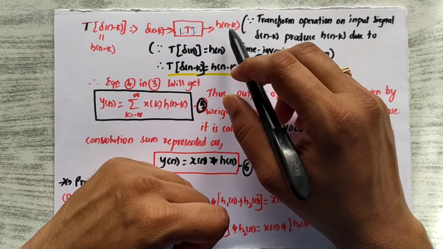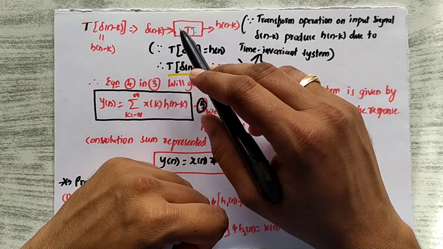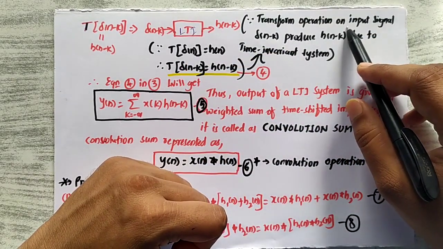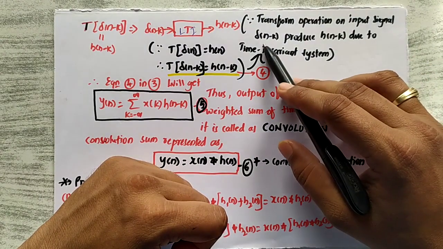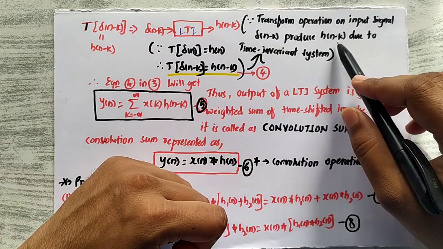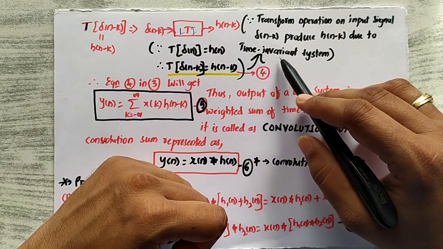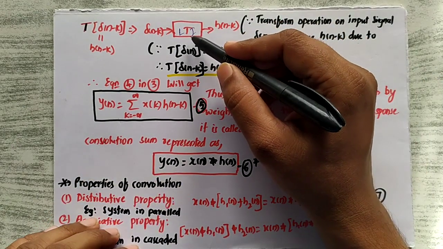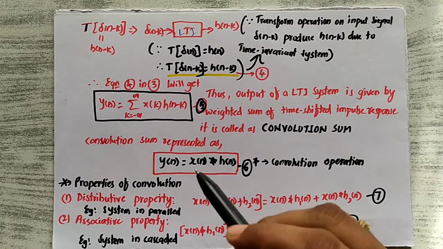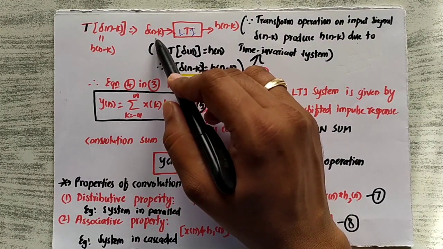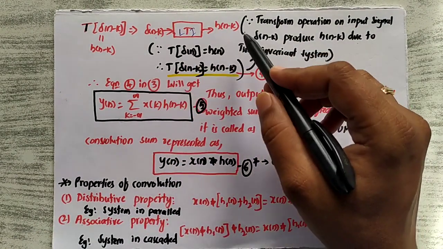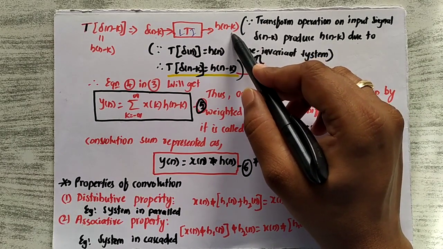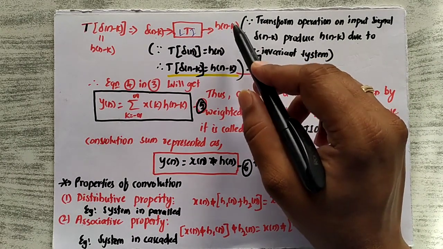Because the operation on the input signal delta n minus k produces h of n minus k due to the time invariant system, because we are considering an LTI system. So whatever amount of delay exists in the input signal will produce the same amount of delay in the output signal.